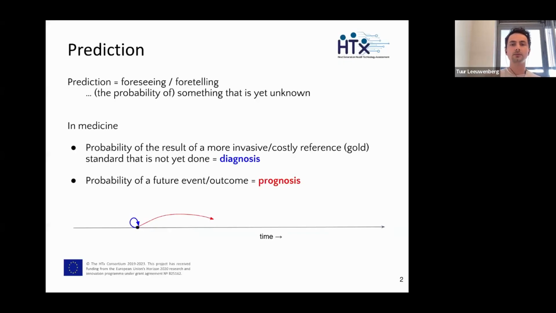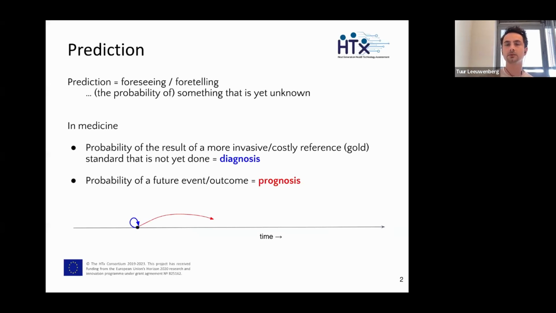So I'm starting off with what do we mean with this? All over medicine, there are a lot of clinical prediction models being used. What we mean with prediction is to foresee or estimate the probability of something that is yet unknown. That can be, for example, diagnostic.